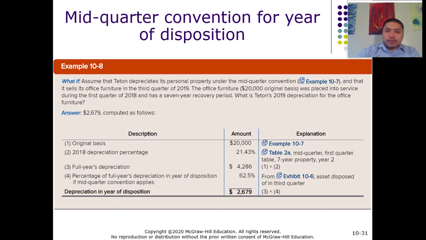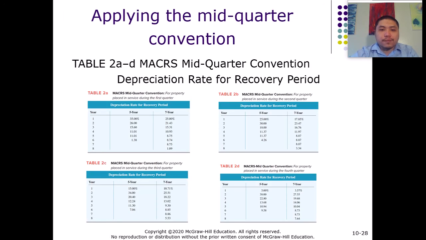So first step, we calculate the depreciation expense for this asset as if there was no disposition. We take $20,000 times 21.43%, and this rate, the 21.43%, we can select from the table, right? Because the furniture was placed into service in the first quarter, we look at the first quarter table, and because it is a 7-year asset, we look at the 7-year column.